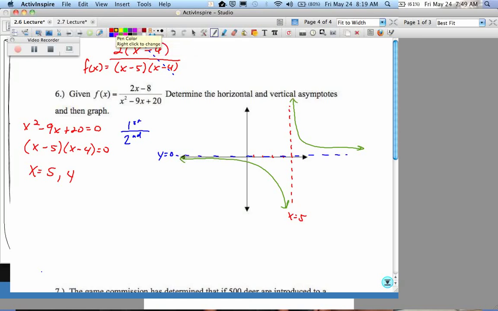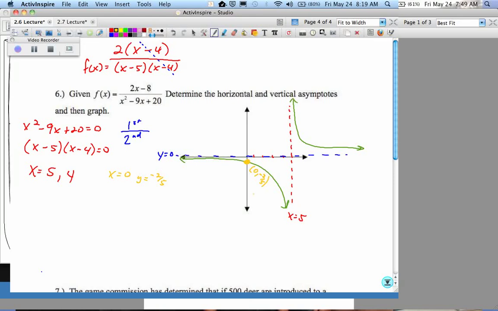What happens when you plug in 0? When x equals 0? Y equals negative 8 divided by 20, which would be, divide them both by 4, negative 2/5. So that's 0, negative 2/5, or negative 0.4, right?